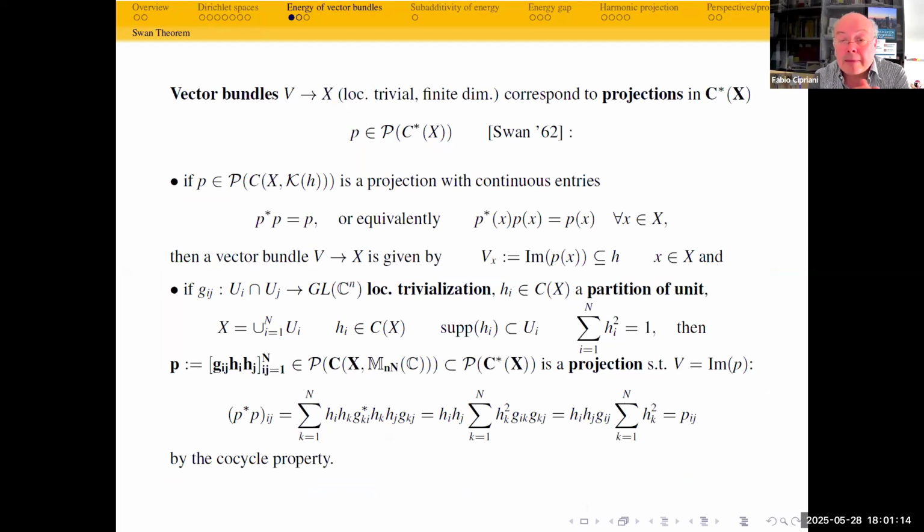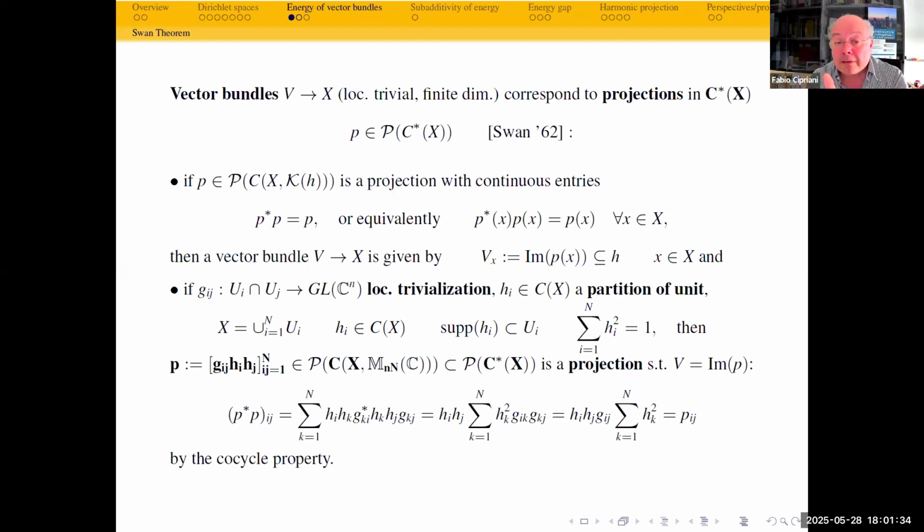So now we come to describe the geometric setting we are interested in, the one of vector bundles on the space X. Vector bundles means locally trivial and finite dimensional.